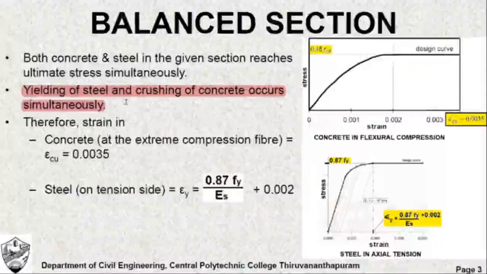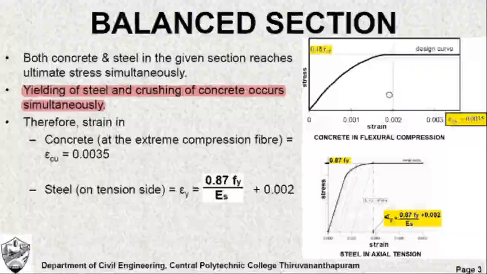We call an RCC beam a balanced section when crushing of concrete occurs on the extreme compression fiber and yielding of steel occurs on the tension side.